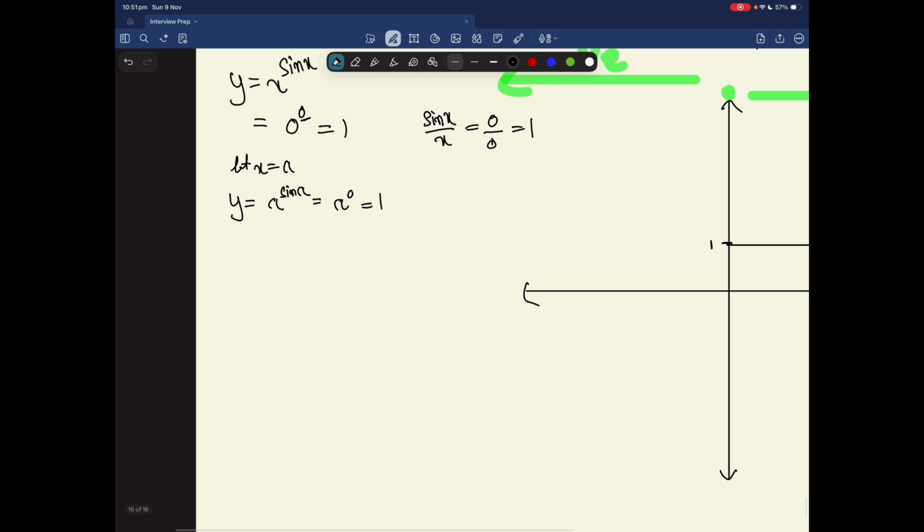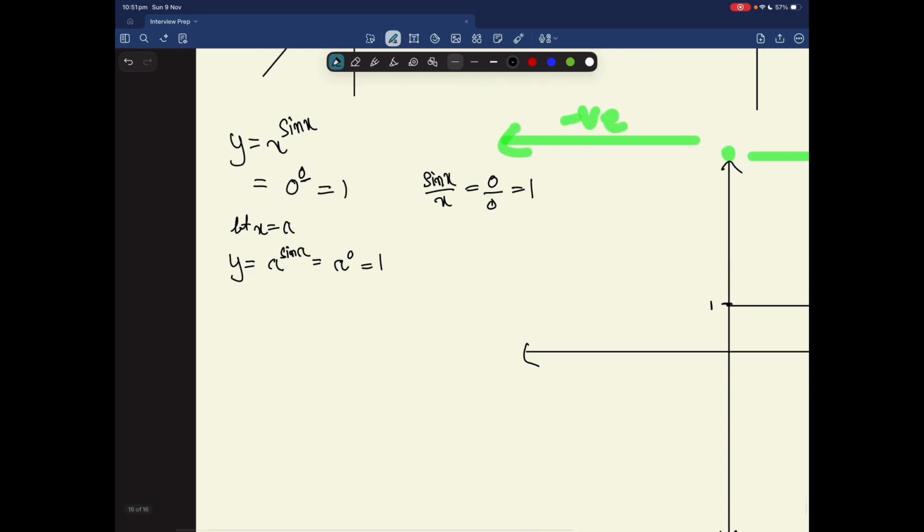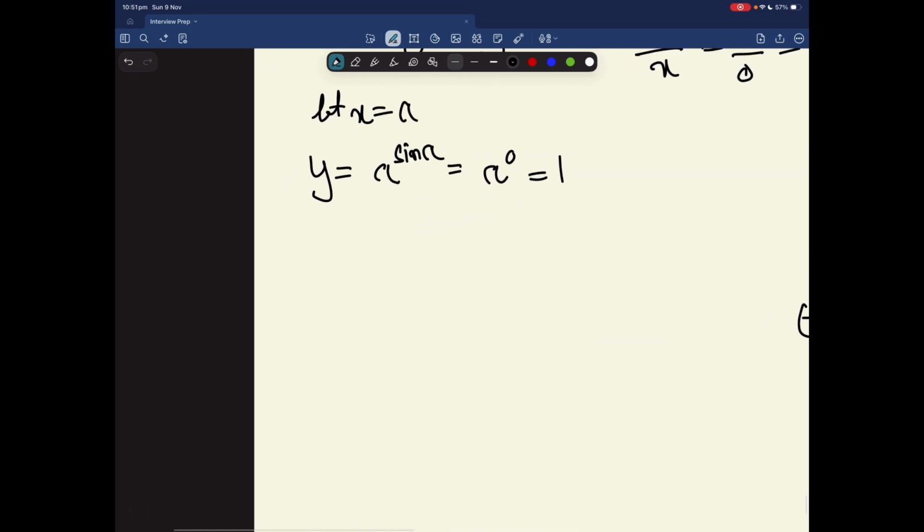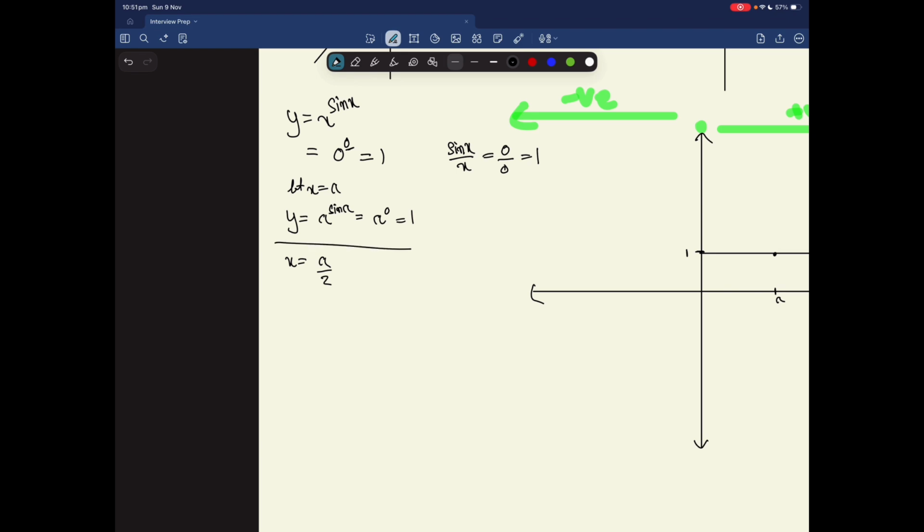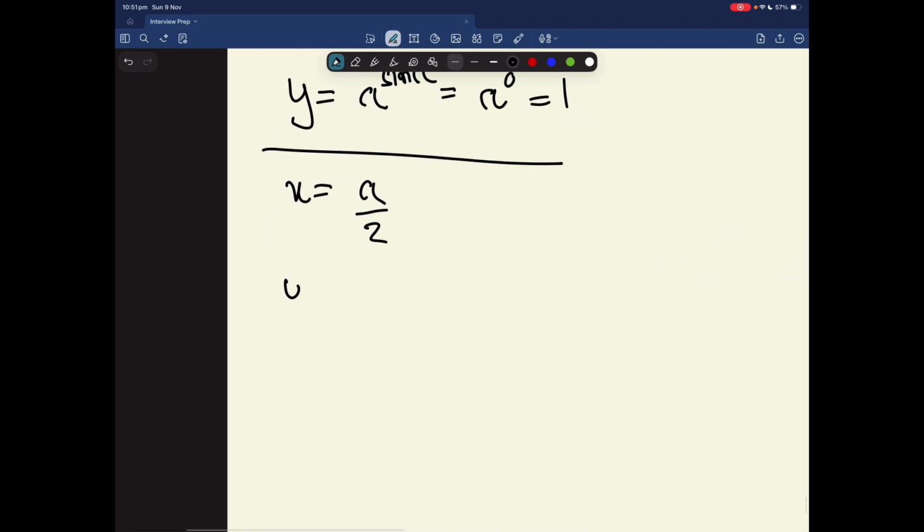Now for the positive side, we know that the sine x graph peaks at 1, and this happens when x is pi over 2. So y equals x to the sine x. At pi over 2, we would just get pi over 2 to the sine pi over 2, which is 1. So we would just get y equals x. And this would repeat at every peak, right?